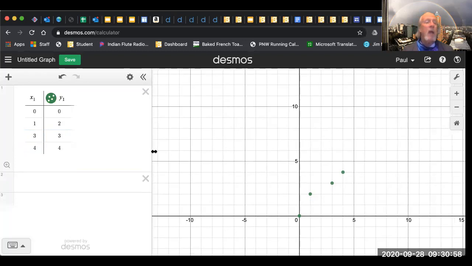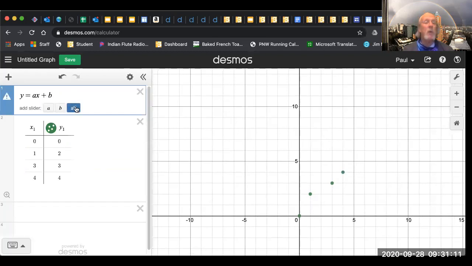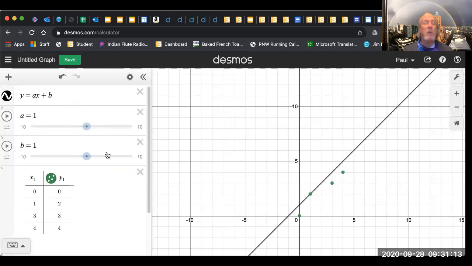When I have my numbers in my table, I go back to the plus, use expression, and do y equals ax plus b. Type it in. Always do the blue all for the slider bars.